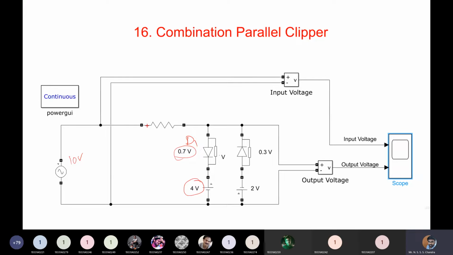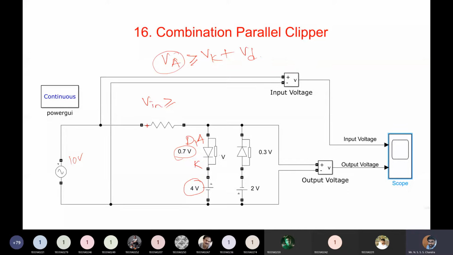Vin should be greater than... Here you have the anode. Anode side voltage should be greater than your VK plus your VD. Or I can say that VA minus VK should be greater than or equal to VD, right? So this is the condition.